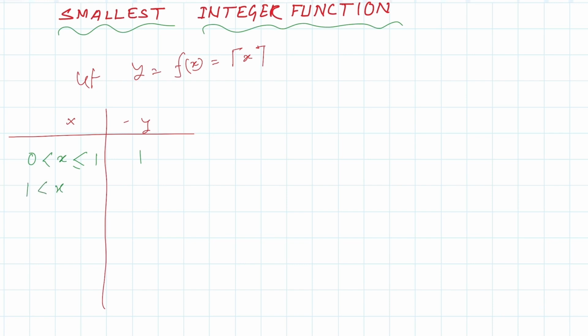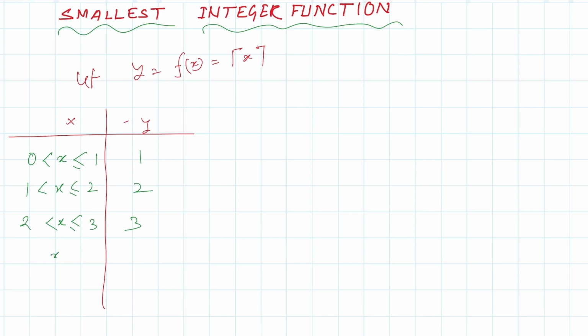If x is greater than 1 and less than or equal to 2, then y must be 2 according to the definition of the smallest integer function. If x is greater than 2 and less than or equal to 3, then y must be equal to 3.